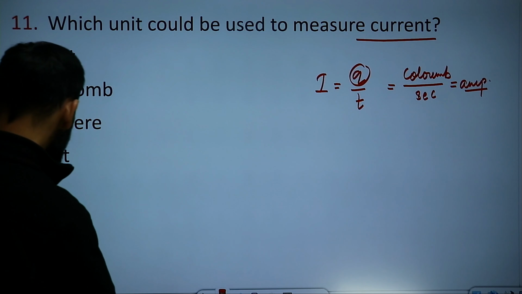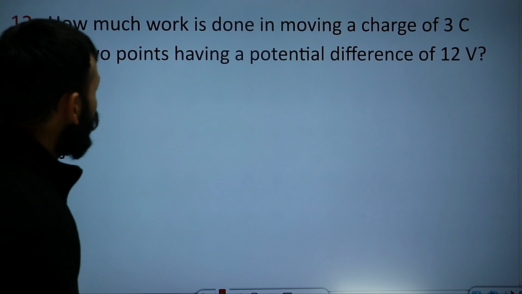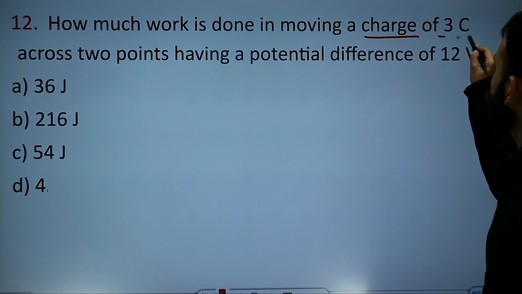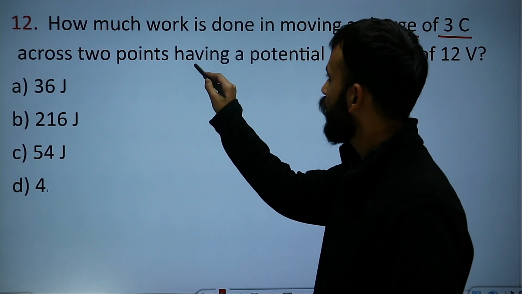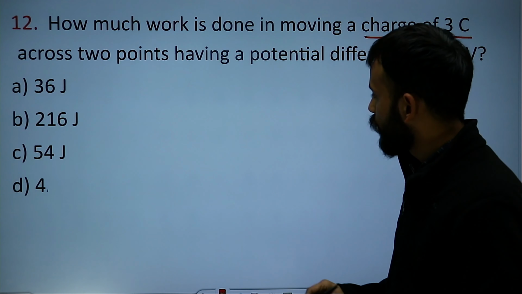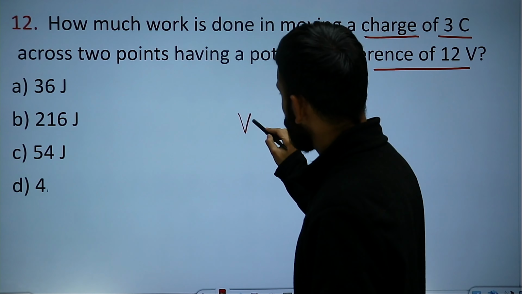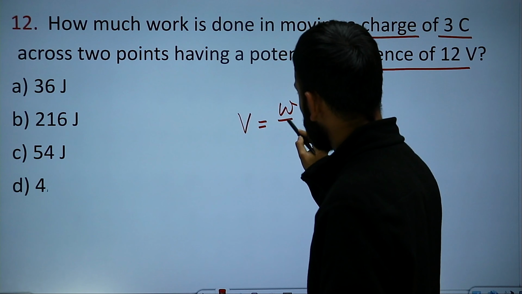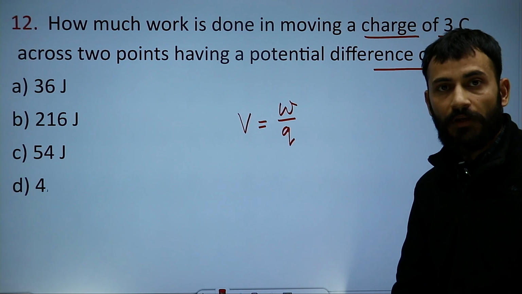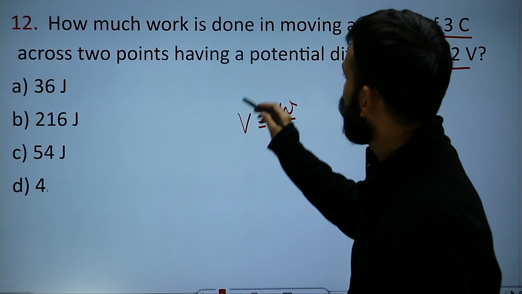The next question is, how much work is done in moving a charge of 3 coulomb across 2 points having a potential difference of 12 volt. We already talked about the formula, potential difference is work done to move a unit charge between 2 points along a conductor.